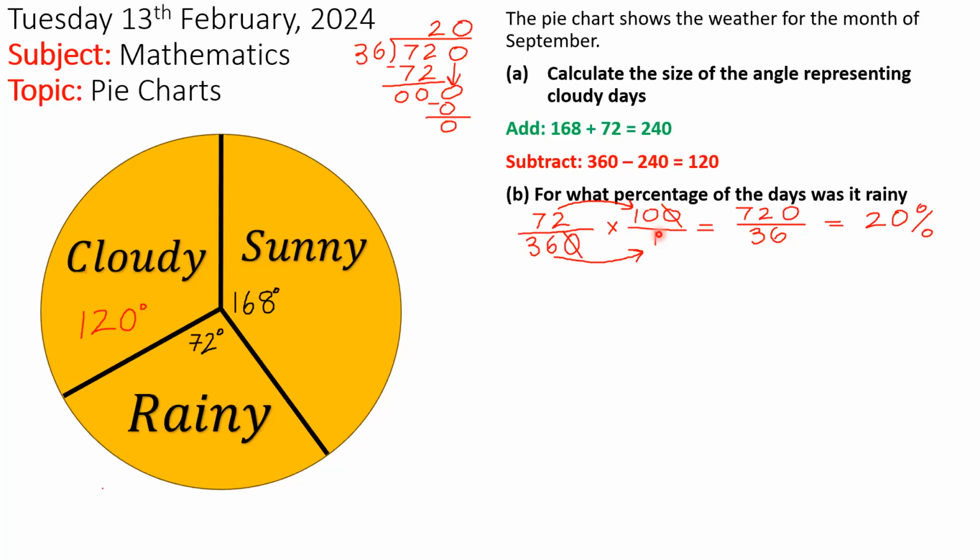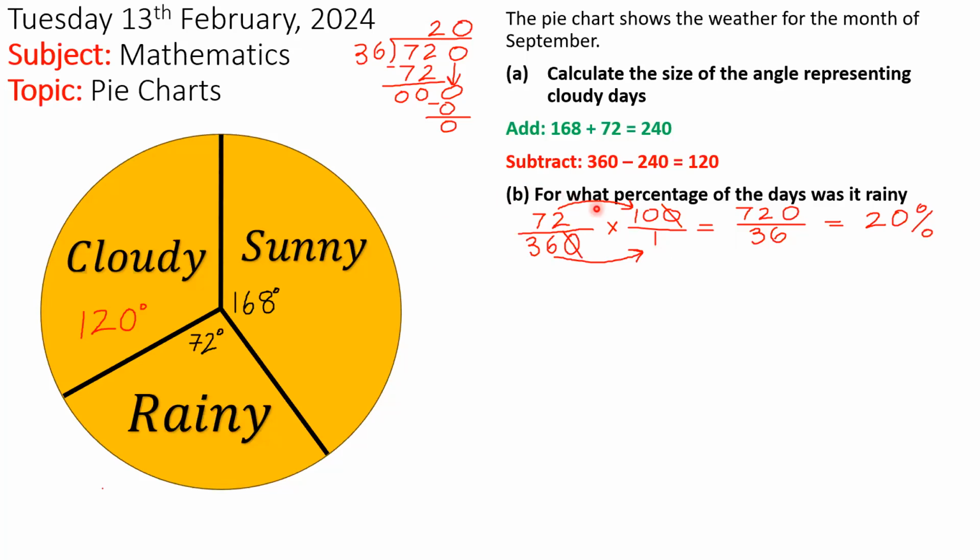So it'll be 72 over 360 times 100 over 1. We're going to cross out the zeros. And we're going to multiply 72 by 10 and 36 by 1, which gives us 720 over 36. When we divide that, it gives us 20%. All right, good. Thank you.